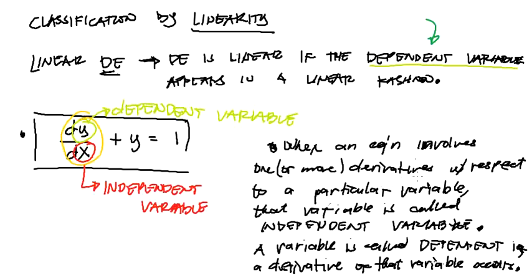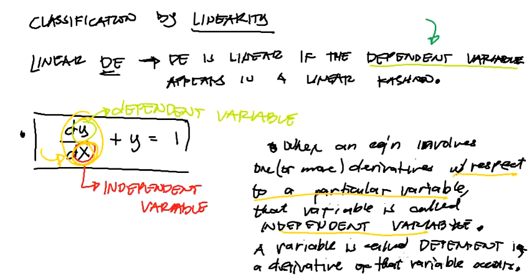Once again, when an equation involves one or more derivatives, this equation here involves one derivative with respect to a particular variable. That variable is called independent variable. Say we have here x, so this variable is called independent variable.